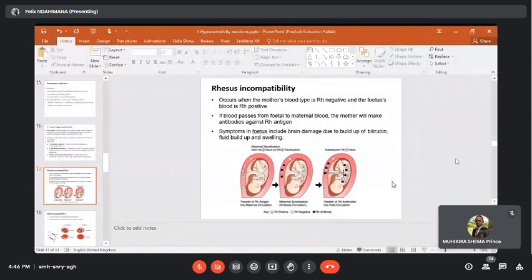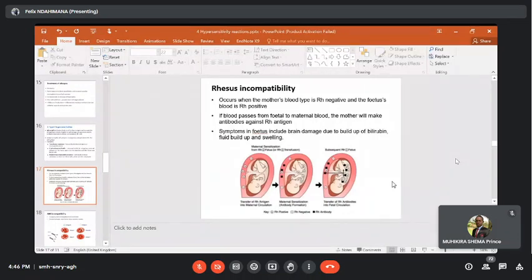For the first pregnancy, there will not be much problem. But if the mother is not given the RhoGAM, which is the drug given to those mothers to inhibit the production of more antibodies, whereby it just catches the antigen from the baby, she will produce antibodies against Rhesus.